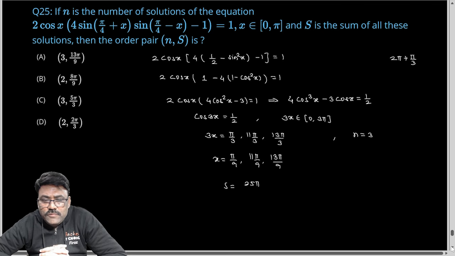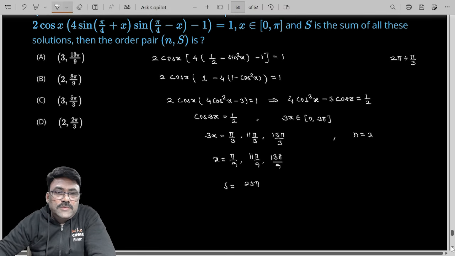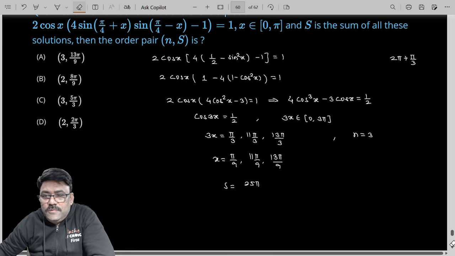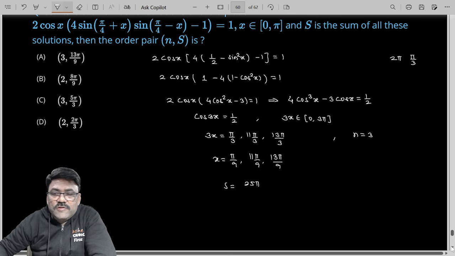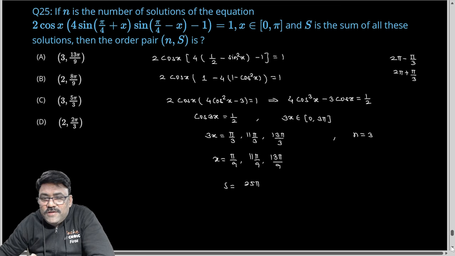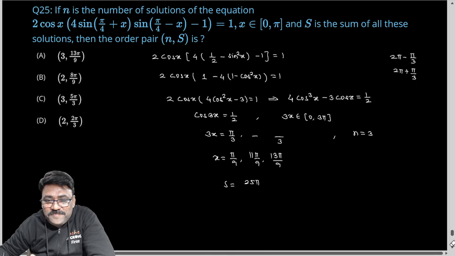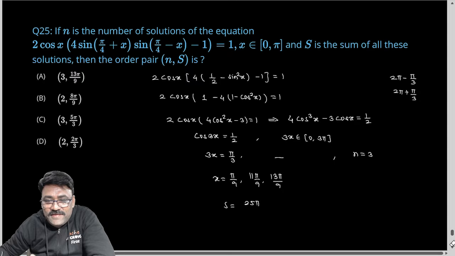Then I will get fourth quadrant, 2 pi minus pi by 3. Oh, my bad. 2 pi minus pi by 3 and 2 pi plus pi by 3. My bad. All these are wrong.